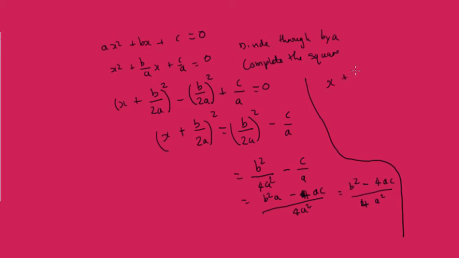So x plus b over 2a must be the square root of b squared minus 4ac over 4a squared, which is going to be the square root of b squared minus 4ac over 2a.